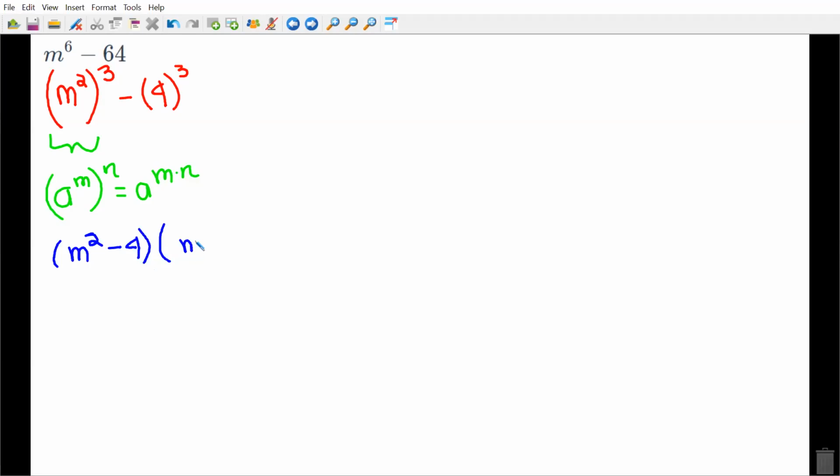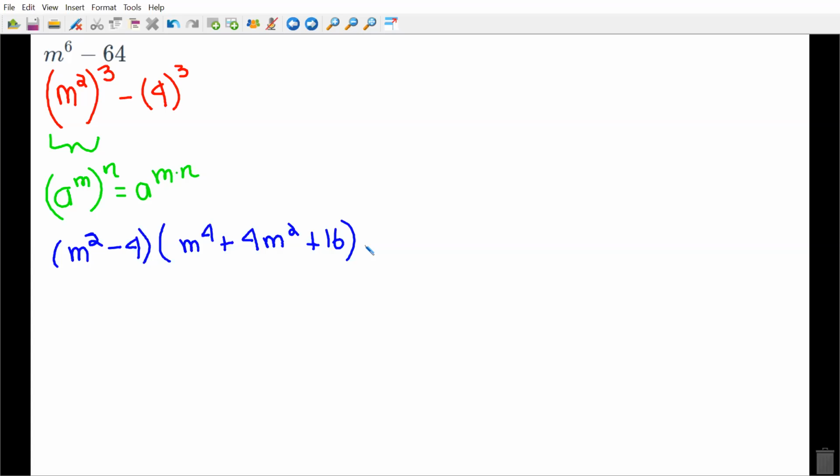So it's going to be m to the 4th. Plus, right? Or minus? Plus, Mister. Plus m squared times 4 is going to be 4m squared. And finally, plus 16, right?